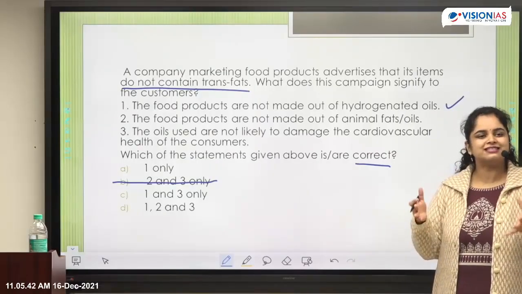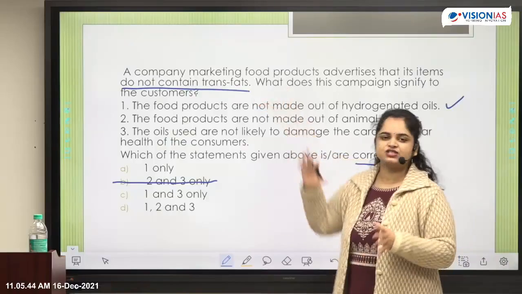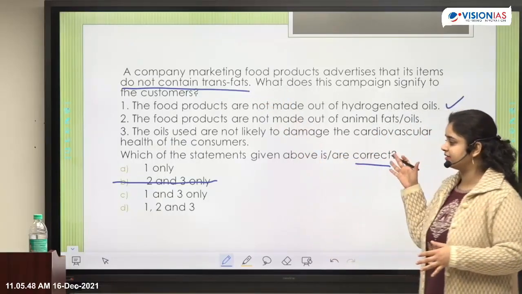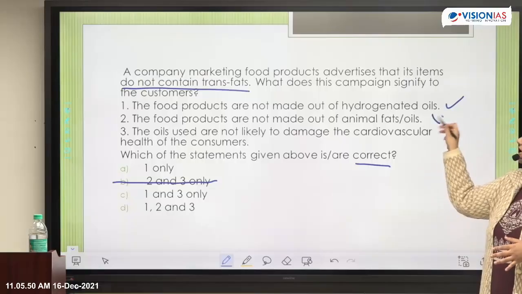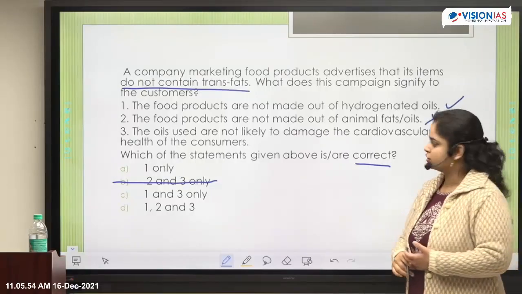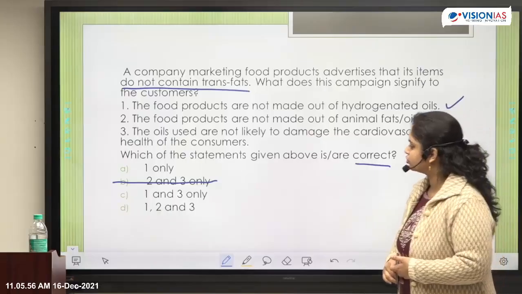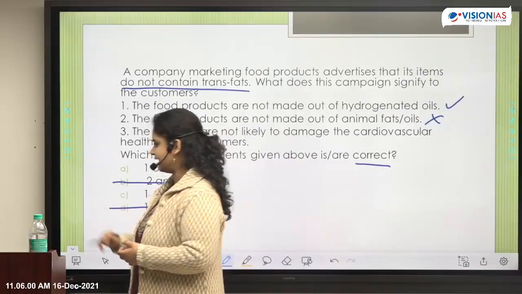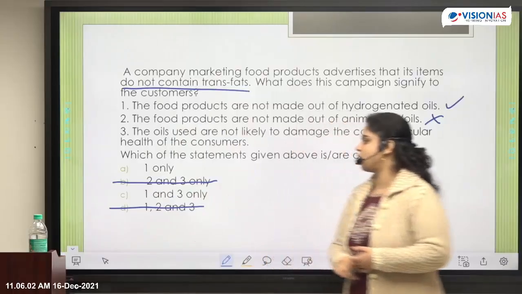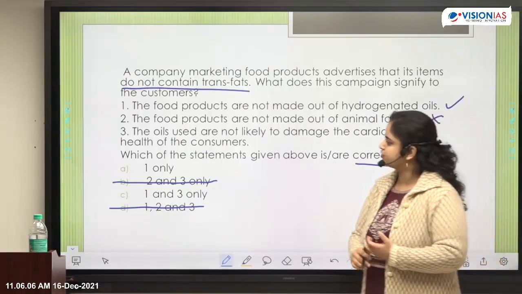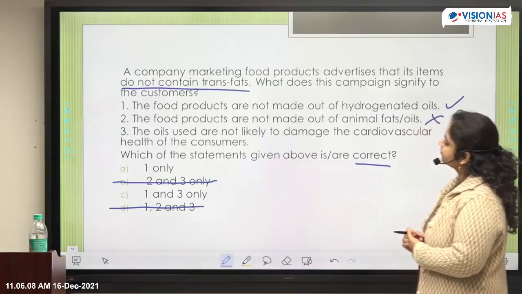We cannot establish that by just this piece of information. So this might be correct, but we cannot say this out of the information which is available to us. So 2 should also now not be in our answer. That means one more option is eliminated. We are left with 2 options now and 1 statement.